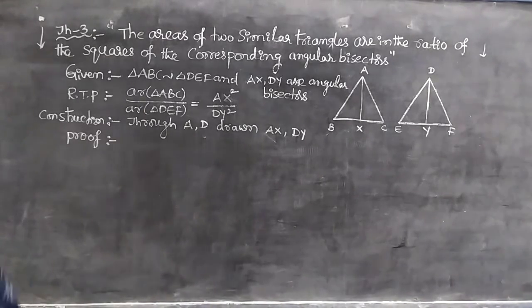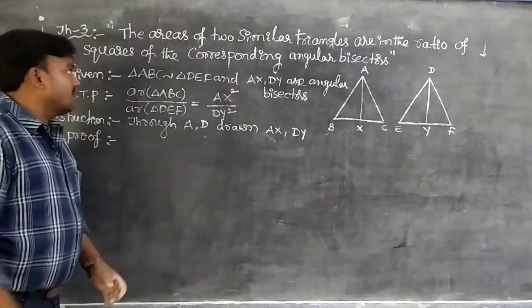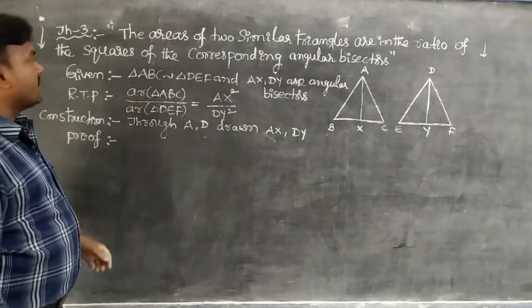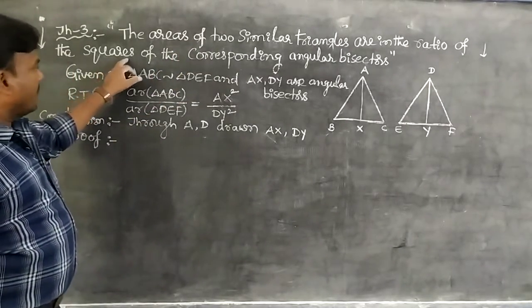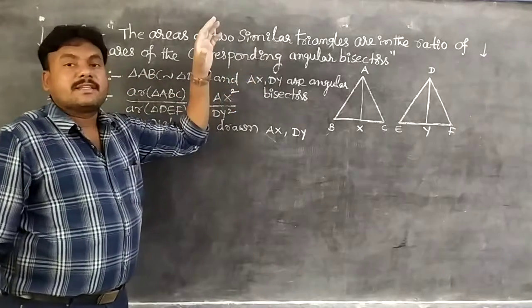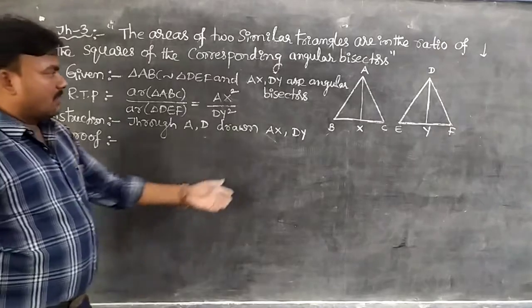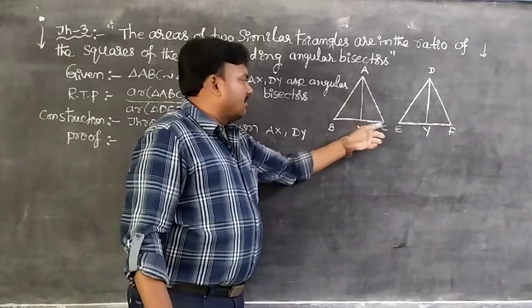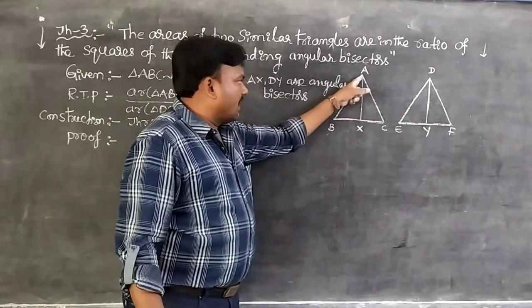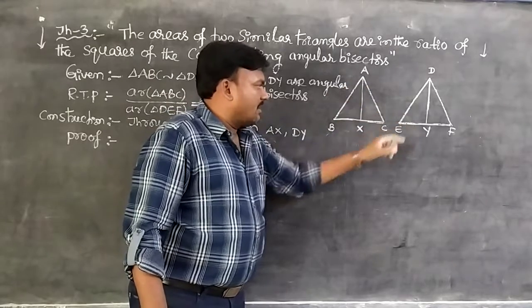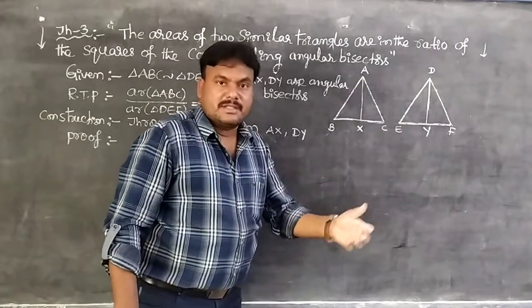Right. Observe, students, it is also the third theorem. The areas of two similar triangles are in the ratio of the squares of the corresponding angular bisectors. We draw two similar triangles ABC and DEF. AX and DY are drawn as angular bisectors.